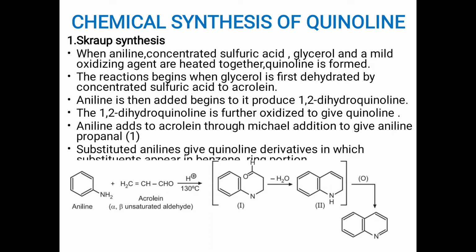The 1,2-dihydroquinoline is further oxidized to give quinoline. Substituted anilines give quinoline derivatives in which the substituents appear in the benzene ring portion. So here is the reaction which represents the Skraup synthesis of quinoline.